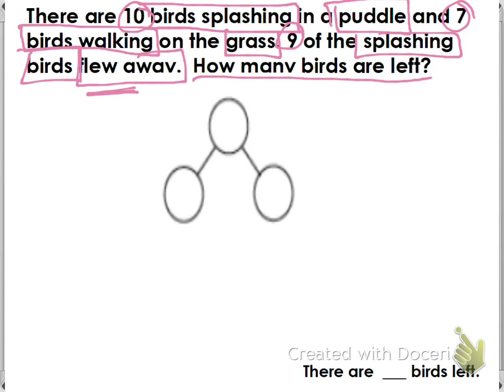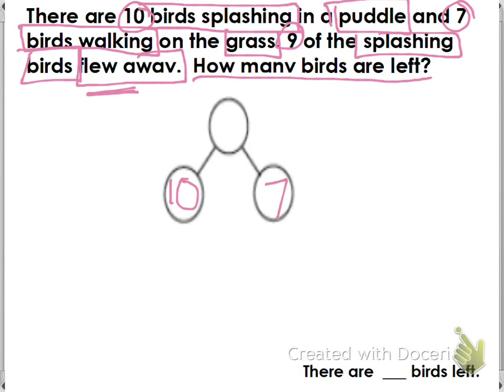Okay, so we have to think about, first, does the word problem tell us the whole? No, it does not. It tells us our 2 parts, but does not tell us our whole. 10 and 7 are our parts.